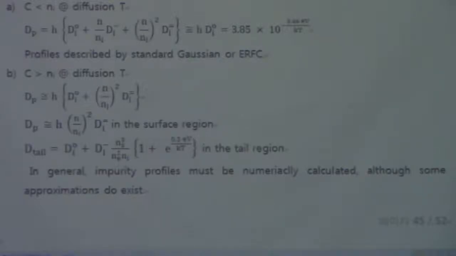But it is very important to understand the basic reasoning, what's happening inside the diffusion like this, because if we understand the basic physics, then we come to understand the emitter push phenomenon, for example. If you put everything in a computer and have numerical solutions all the time, then you never understand why we have the emitter push phenomenon.